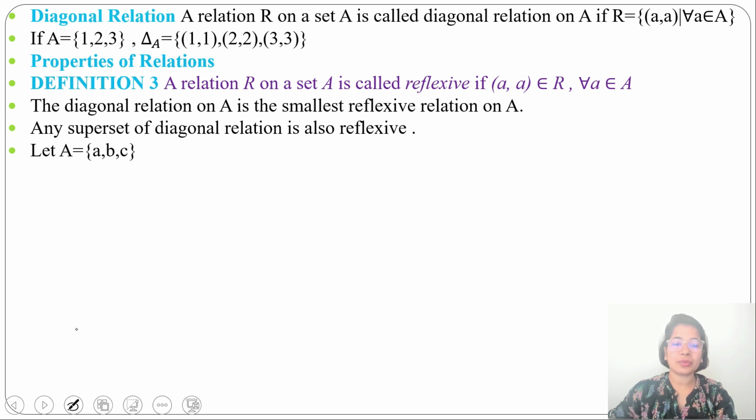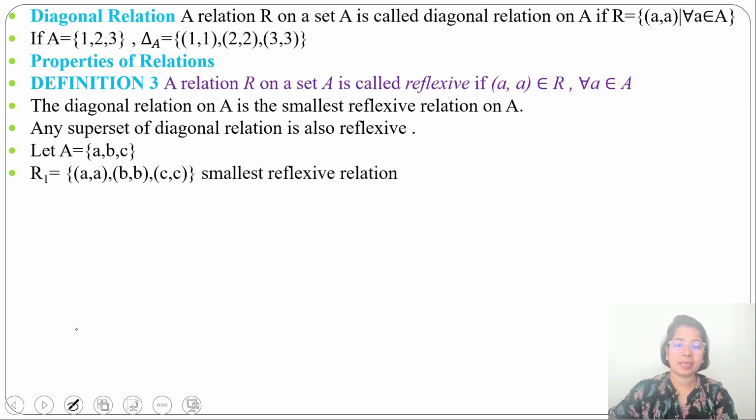Let A equal {a, b, c}. Now some relations. R1 contains (a,a), (b,b), (c,c). This is the diagonal relation and it is the smallest reflexive relation. Just remember, the empty set phi is not reflexive. The smallest reflexive relation is the diagonal relation, that is (a,a), (b,b), (c,c) when A contains a, b, c.